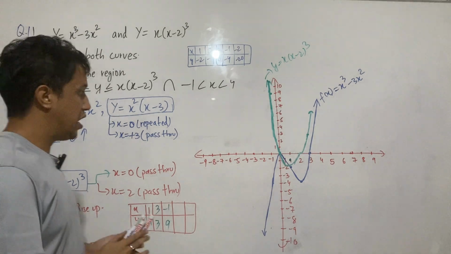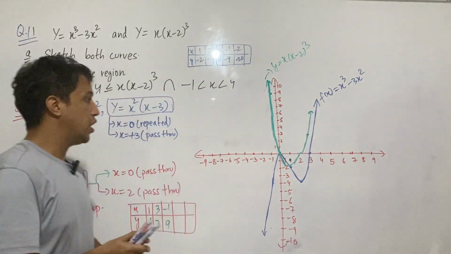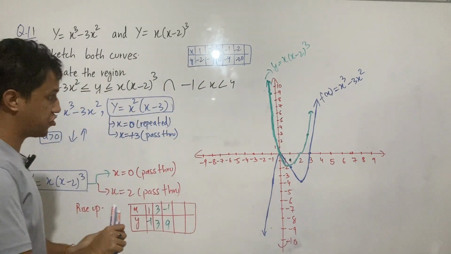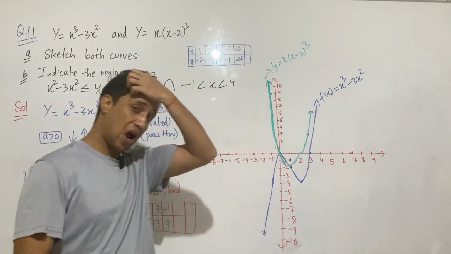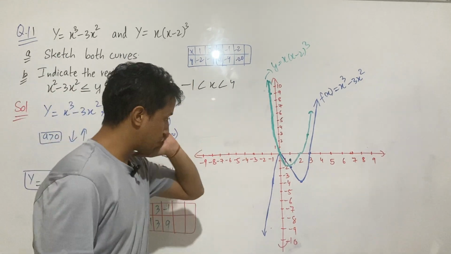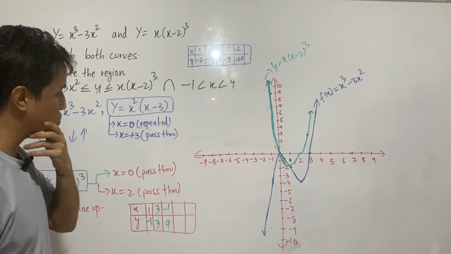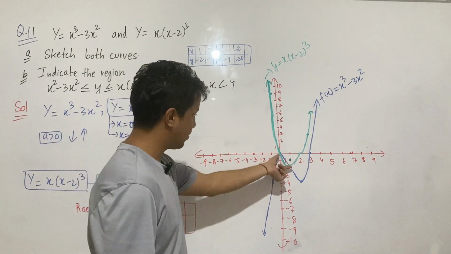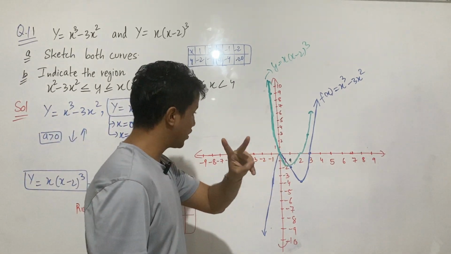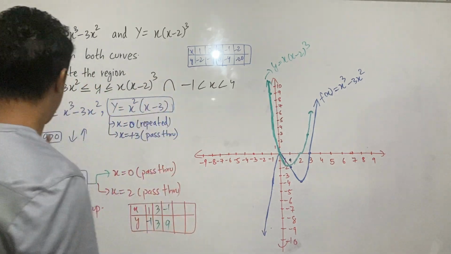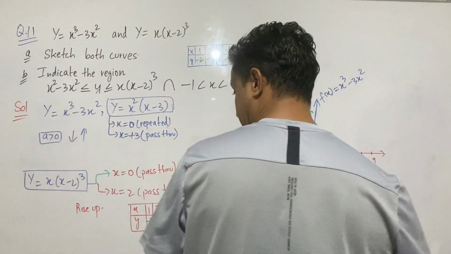Now, here they may ask you how many solutions there are for both these graphs. These two graphs intersect at these 2 points, so there are going to be 2 solutions. But we are not interested in that.